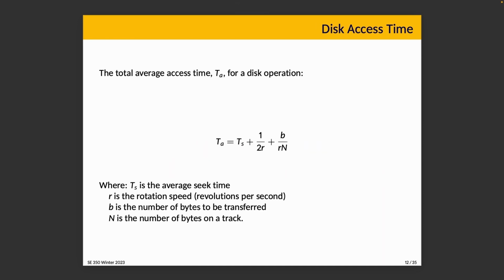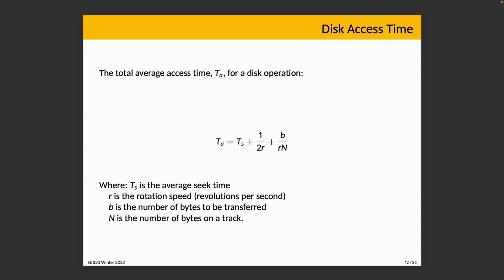So the total average access time, T sub A, for a disk operation is computed by the following formula: T sub S, the average seek time, again, emphasis on average, plus 1 over 2R plus B over RN. So 1 over 2R is 1 over 2 times R, the rotation speed, as measured in revolutions per second. If you buy a magnetic drive, it will say something like 7,200 RPM.